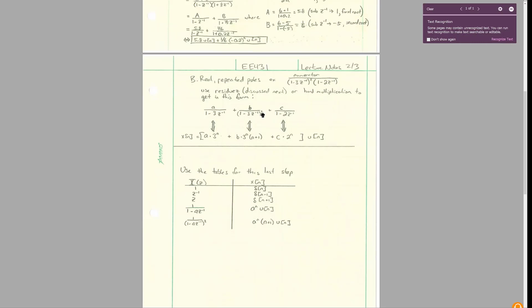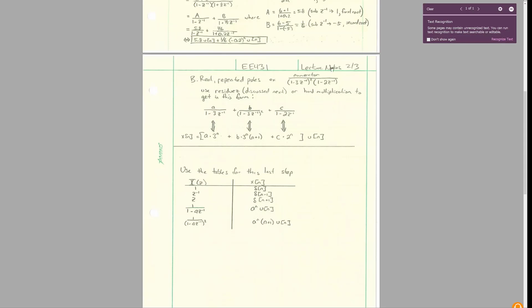There are two ways to do this. You'll remember from EE431 maybe that we did the same thing with a derivative operator, and the derivative gets absolutely insane when we're dealing with z to the negative 1s. So instead, don't worry about doing it by hand. If you have to, use hand multiplication to match forms like you did in differential equations.